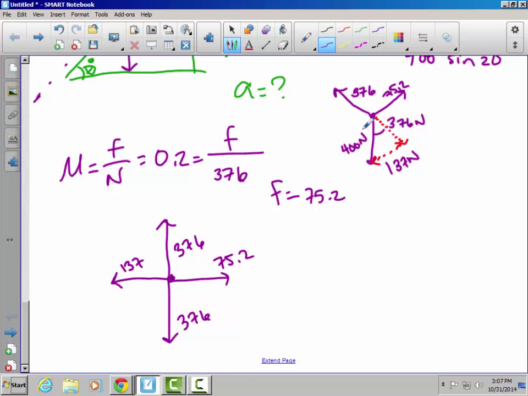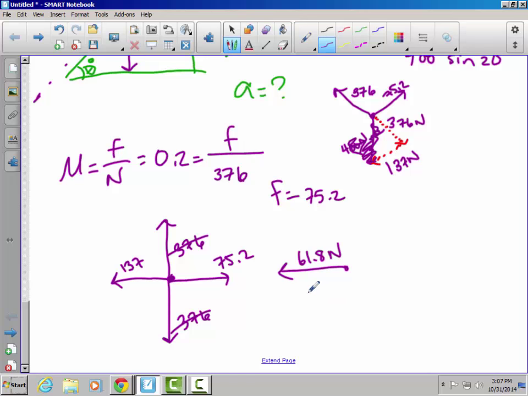Remember that whenever we find our components of gravity, we can just take that vector out of the picture completely. So that means that my vertical forces are going to balance out, and my net force will end up being 61.8 newtons down the ramp.